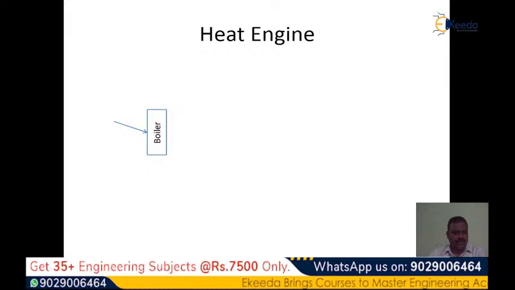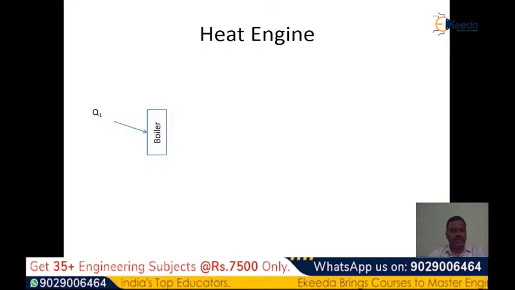This boiler receives Q1 amount of heat from the furnace where combustion of the fuel takes place. Here the furnace is the heat source, and that will continuously supply heat to the water, that is the working substance in case of the vapor power cycle, flowing in the boiler tubes. At the outlet of the boiler, there will be steam which is at high pressure and high temperature.